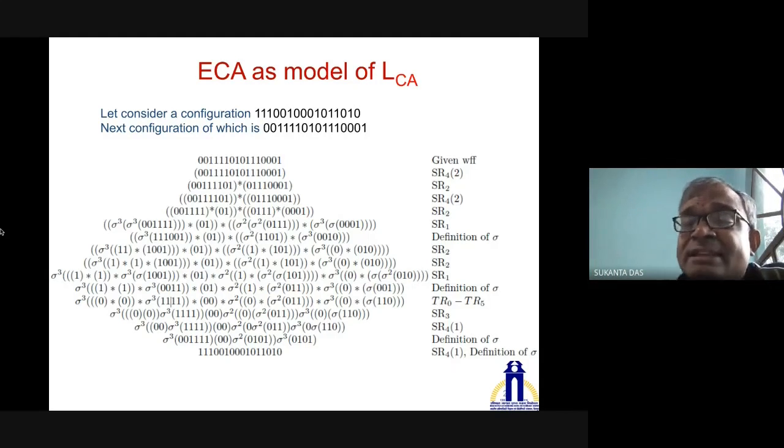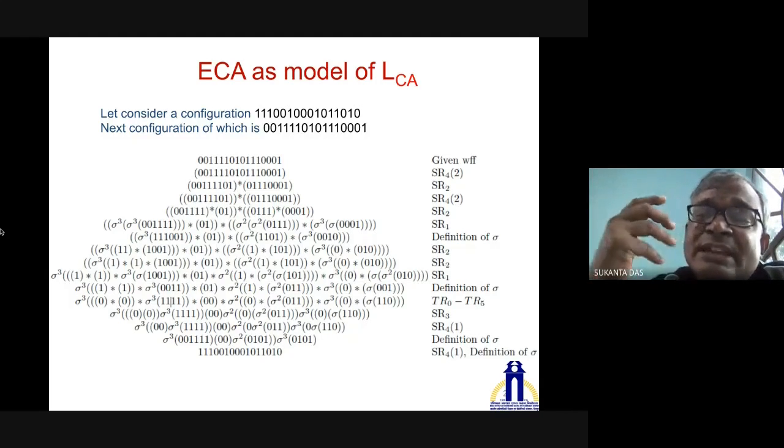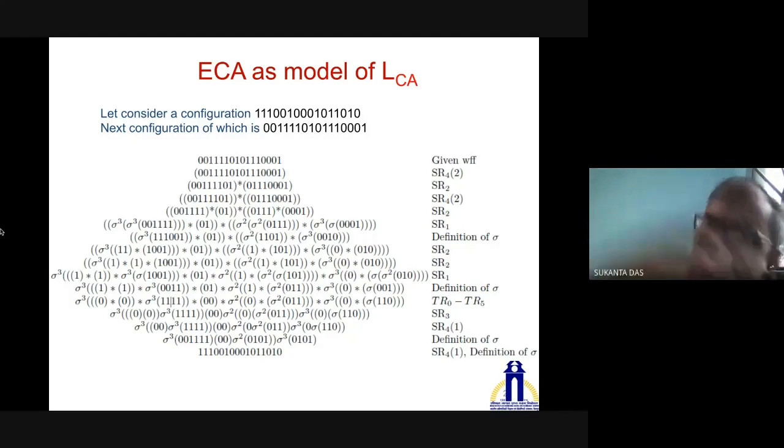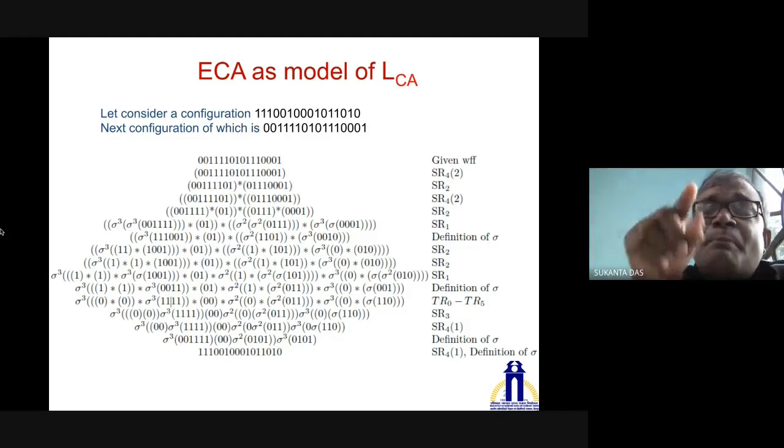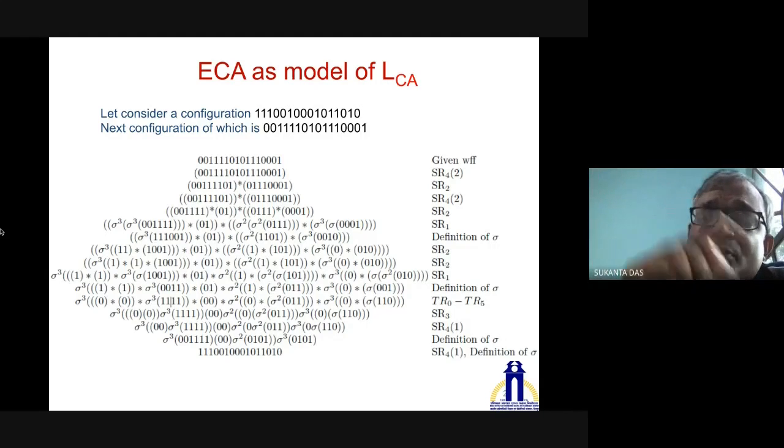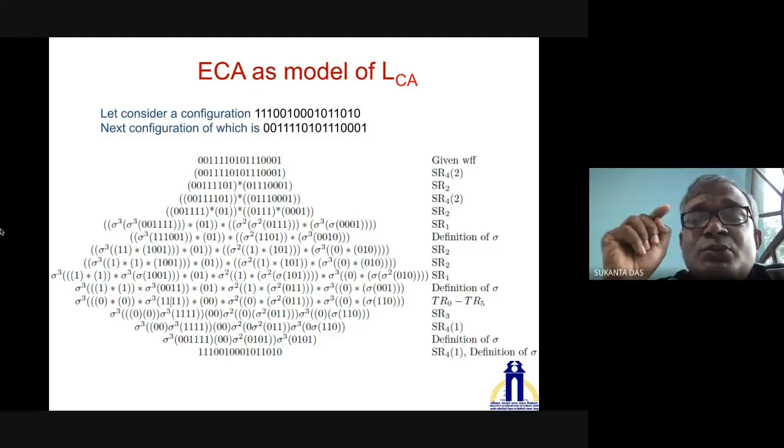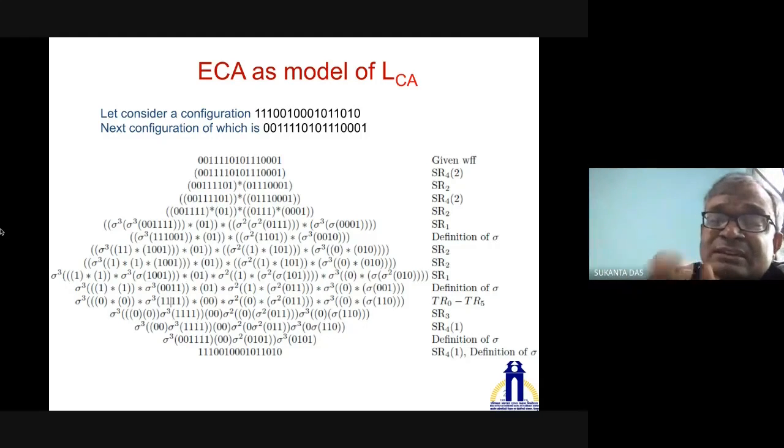Then I systematically apply the rules. First SR42, then I introduce star. Then again we break the substring. What is the purpose of this? In case of semantic derivation, and in fact all kinds of derivation, the purpose of using special rules is to identify the atomic WFFs in between.